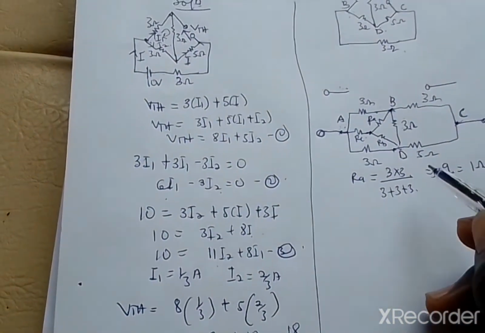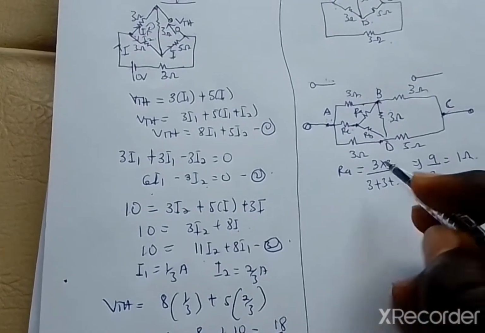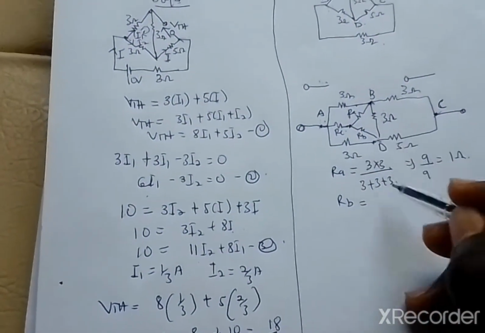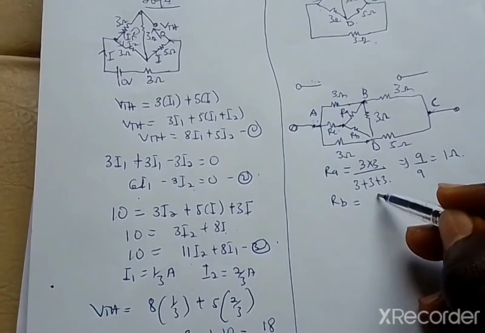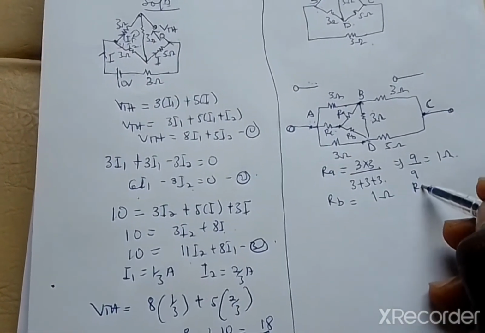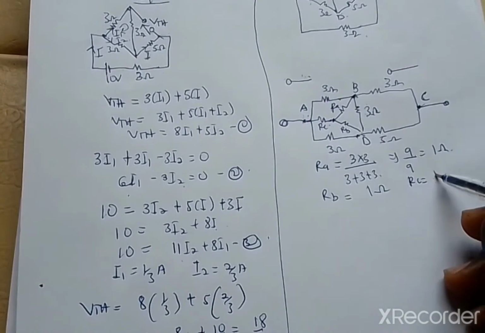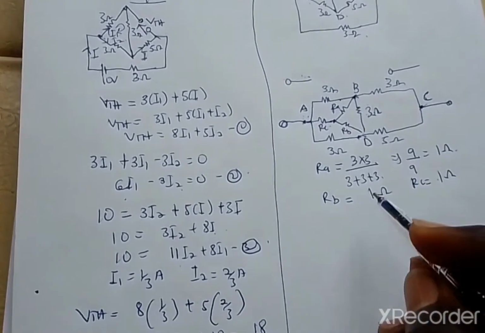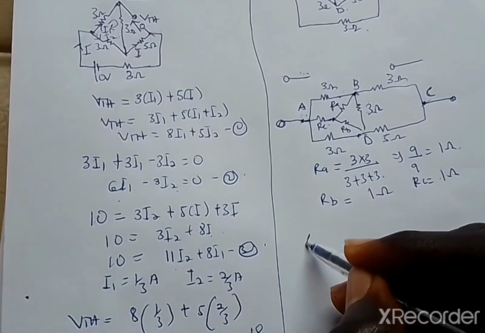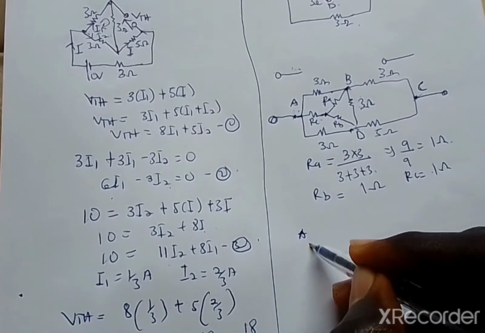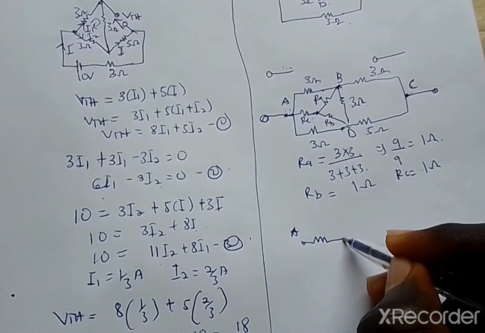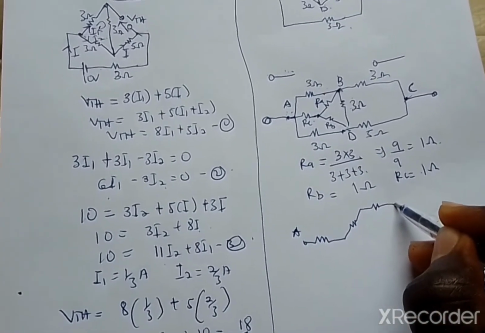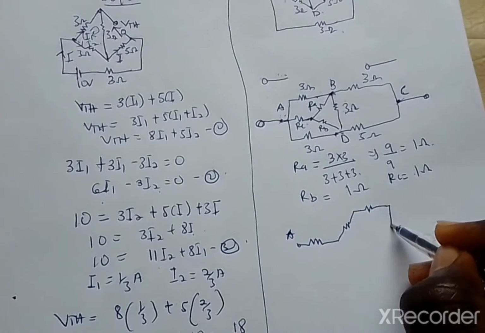So from here we can say that RB, which is also between these 3, will have the same magnitude, which is 1 ohm, and finally RC is going to be 1 ohm, since all the resistors are of the same magnitude. So from here we can redraw the circuit as our A, moving up, coming to C, then C will come down.